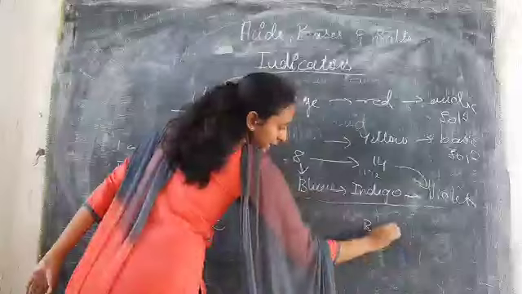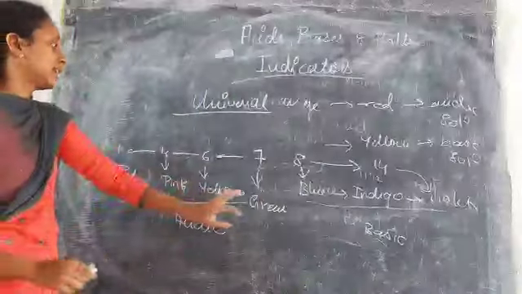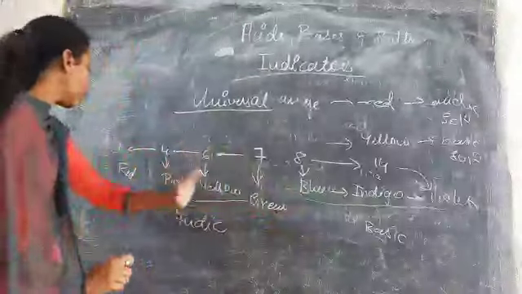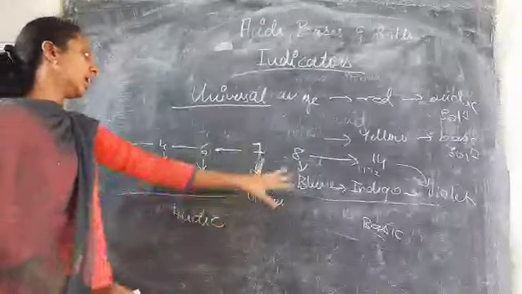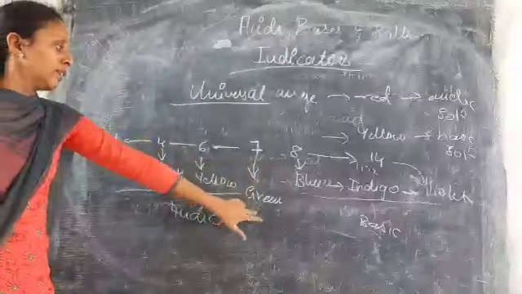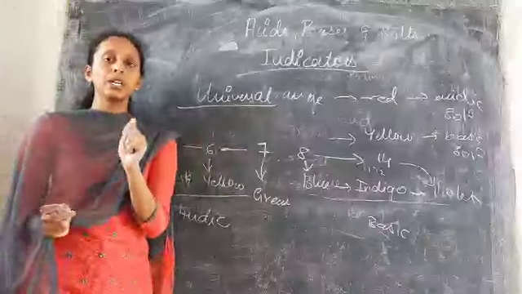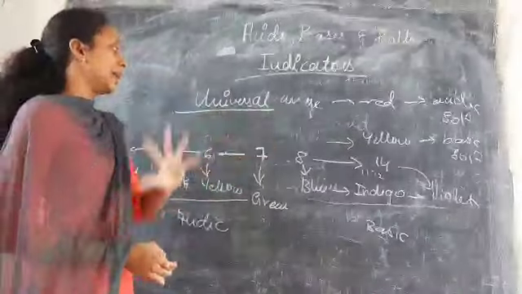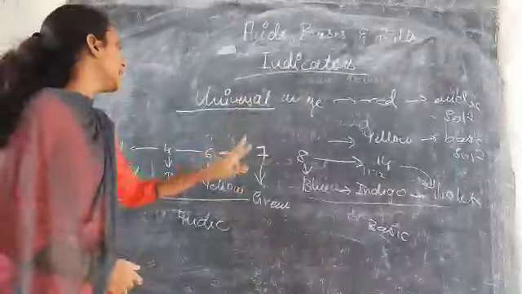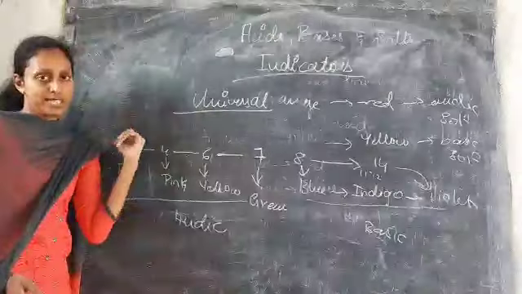The universal indicator indicates these colors as a basic solution and these colors as an acidic solution, and the neutral is 7, which is green in color. So always remember, neutral solution pH is 7, basic solution 8 to 14, and acidic solution 6 to 1 or 0.